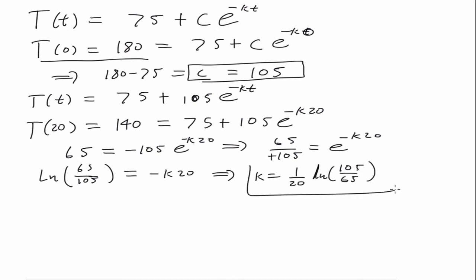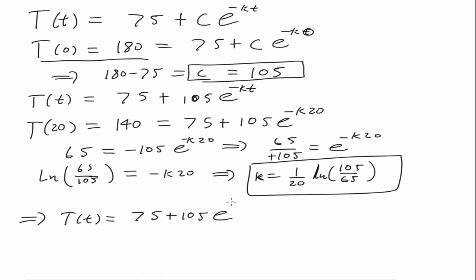Okay, so that's our computed value for our rate constant. So then the final solution, T of t, is going to be 75 plus 105 times e to the negative k times t.